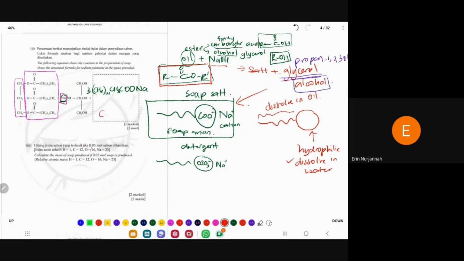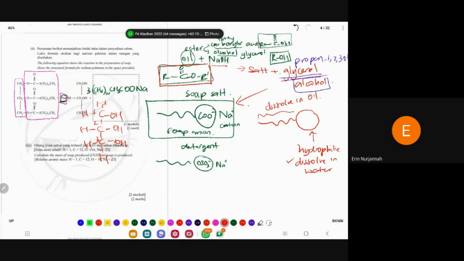They produce propan-1,2,3-triol only. They won't change together. They'll produce this one. Yes. Glycerol. You understand what I'm talking? You all flip to your textbook and have a look, please.